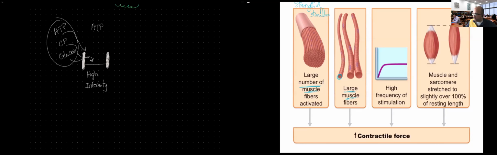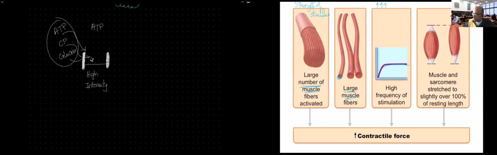Another factor that we've seen was the frequency of stimulation. Remember, the faster the stimulation, the higher the frequency of stimulus, the stronger the muscle contraction, because you don't allow a complete relaxation after each contraction. So this means you're going to get a lot of calcium outside in the cytoplasm, allowing you to have a stronger muscle contraction.